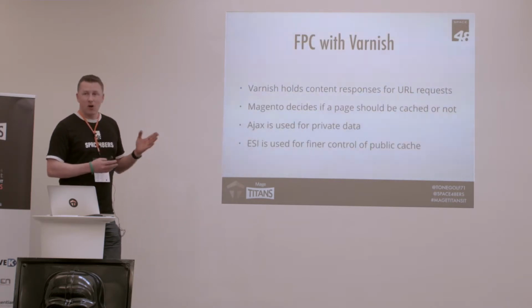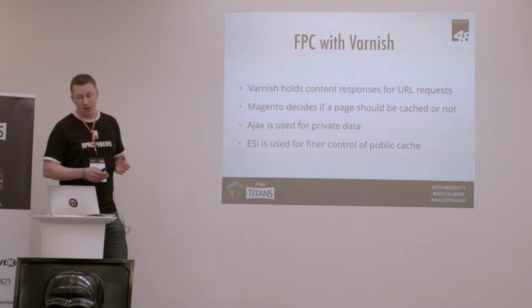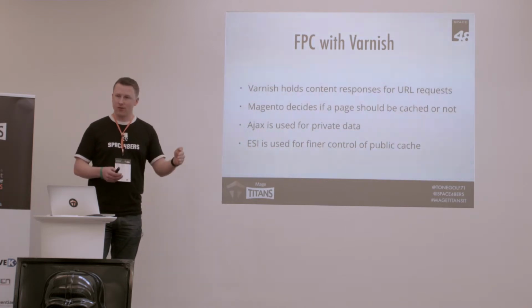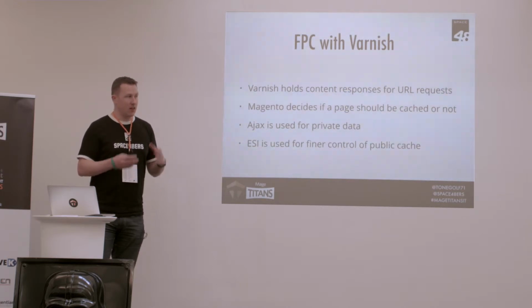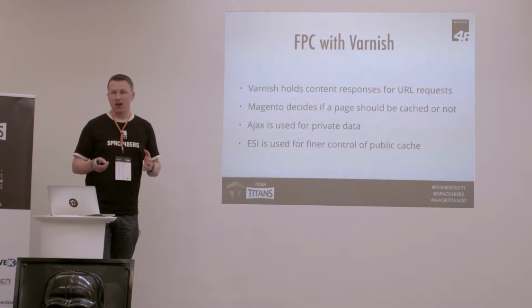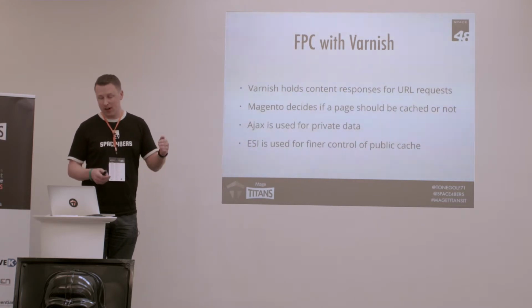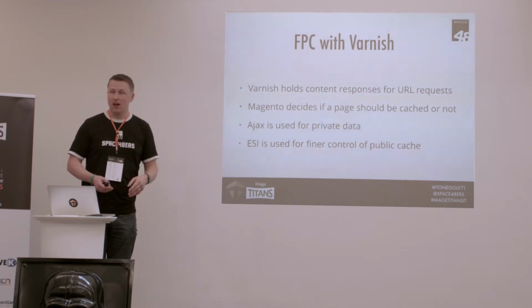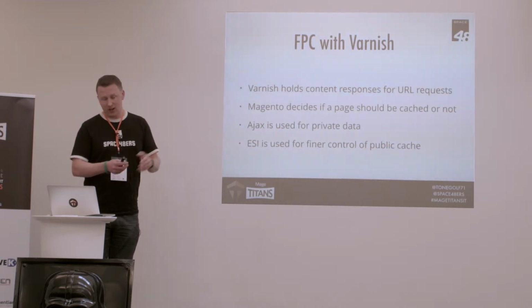But just to summarize what I did learn up to this point: Varnish is, as we saw before, sat in front of the web server, and the pages are cached on a URL basis. So the request is coming in and it's holding, if Magento decides, the page to be cached.